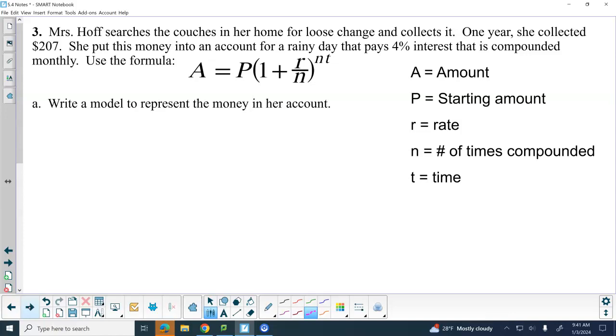A equals P times the quantity 1 plus R over N to the NT power needs to go on your note sheet. A in there is the amount of whatever it is that you have. P is how many you started with.